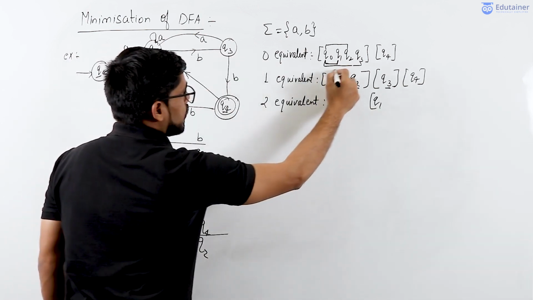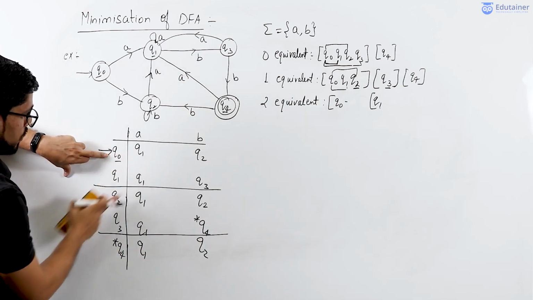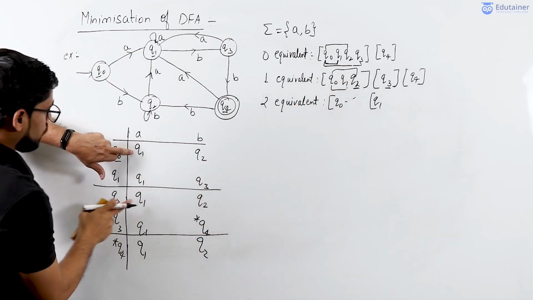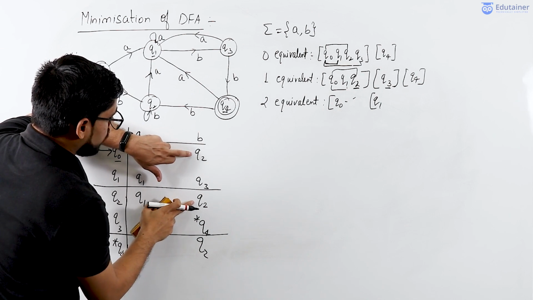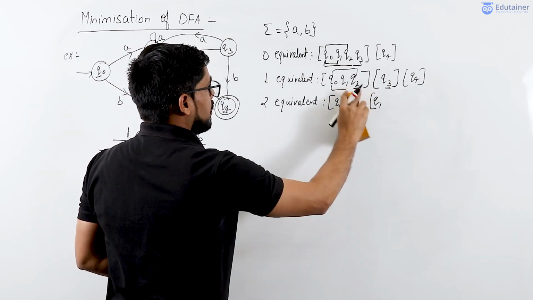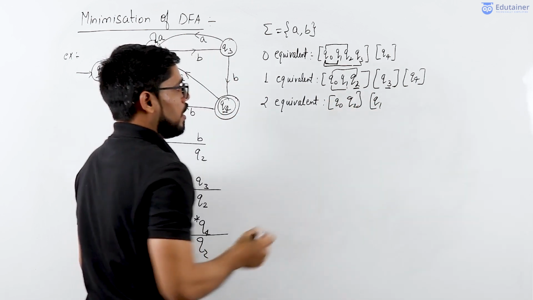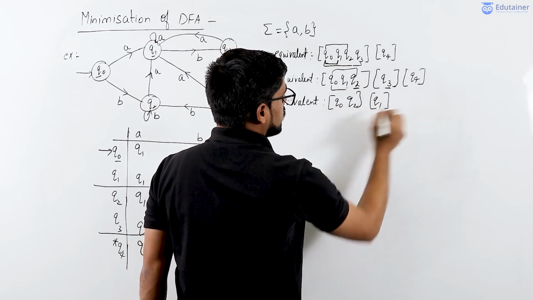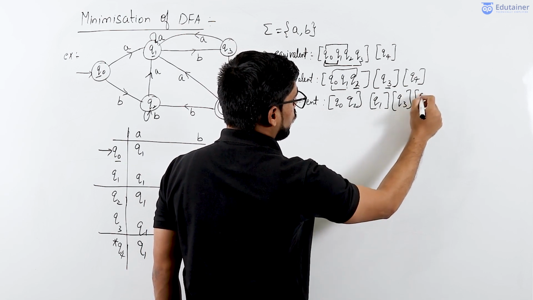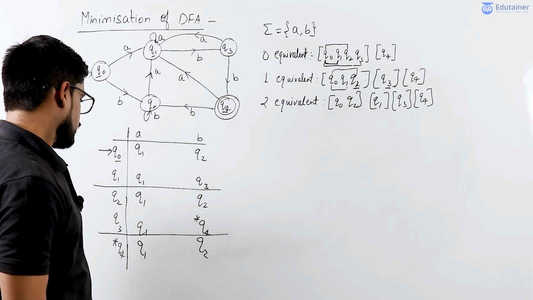Now compare Q0 and Q2. Q0 and Q2 on a small a will go to Q1, same state, same box, and on a small b it will go to Q2, which is also the same box. So definitely Q0 and Q2 will come together, and Q1, Q3 and Q4 are in different boxes.